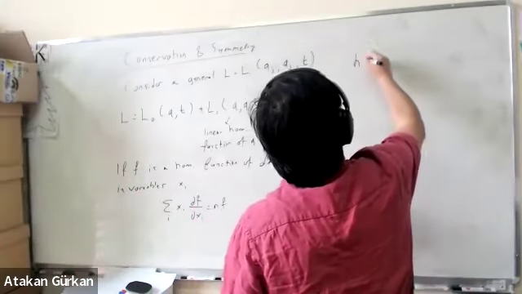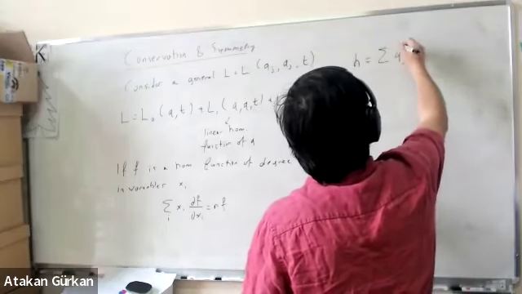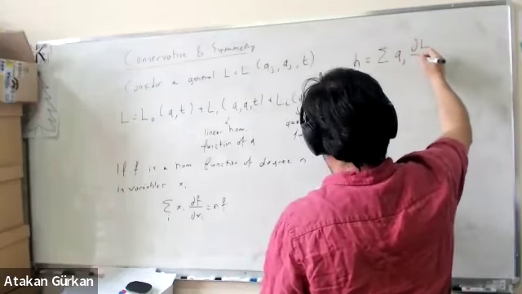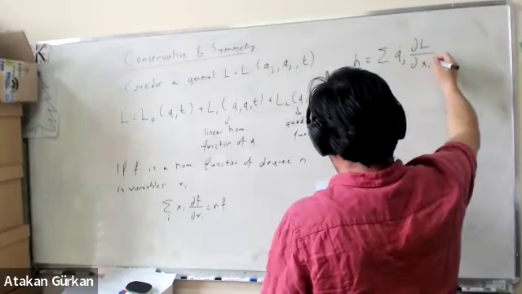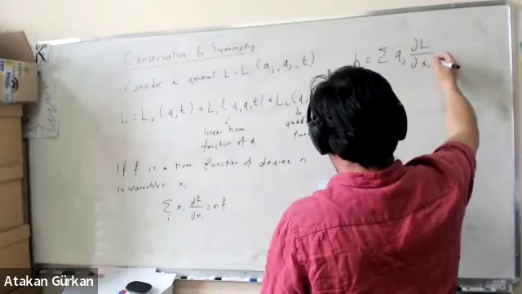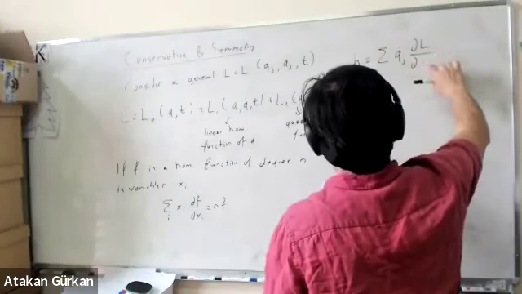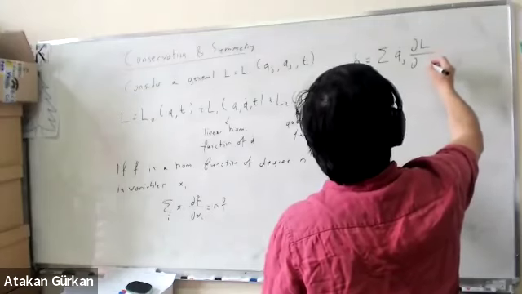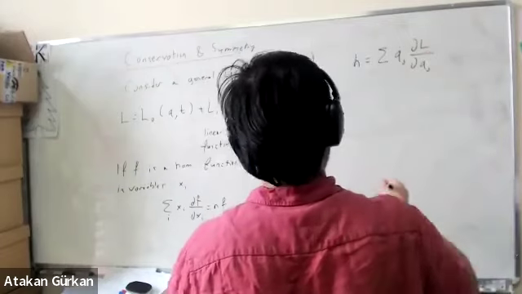So let's just recall this energy function. This was q_j dot times the partial of L with respect to q_j dot.